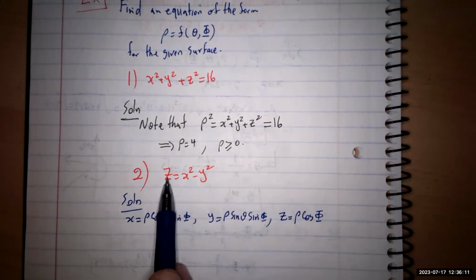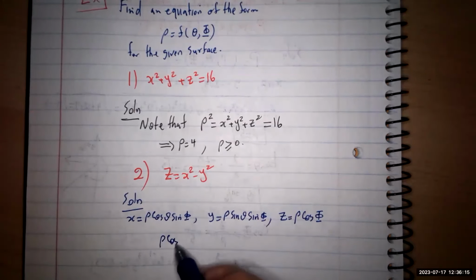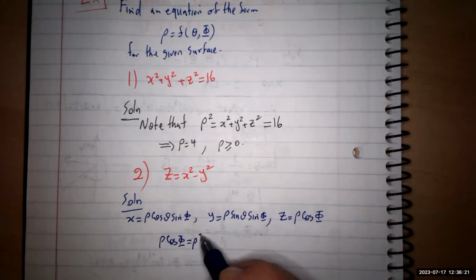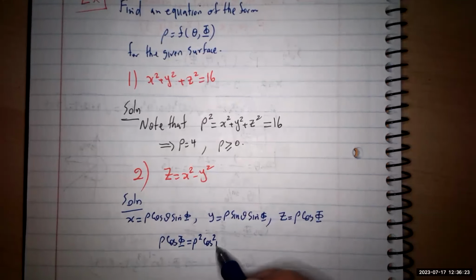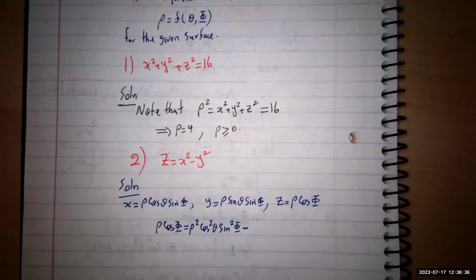Okay, now nicely substitute. So it's rho cosine of phi. You square this one, so that gives you rho squared cosine squared of phi. Minus, it's minus. When it's a positive, that can be simplified quickly.